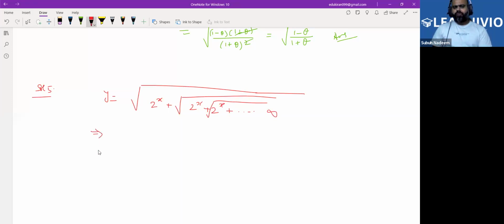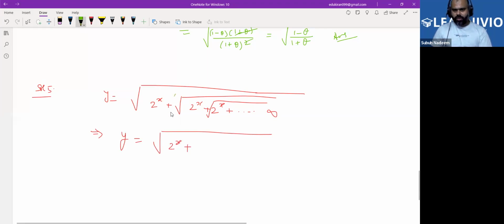So one thing which we have to do here is we can say that y is the square root of 2 to the power x plus the remaining terms from here to infinity, they are also y, because if you make one term less from infinity, it will still be infinity. So this is also infinity, root over 2 to the power x plus root over 2 to the power x until infinity. So this would become y square when you square it, y plus 2 to the power x. So can you write it like this?